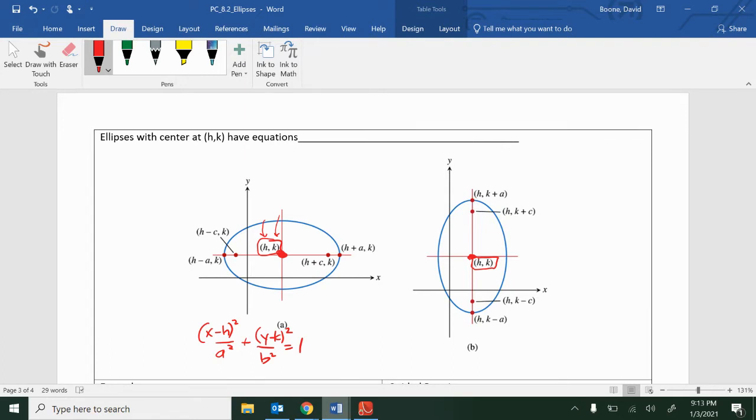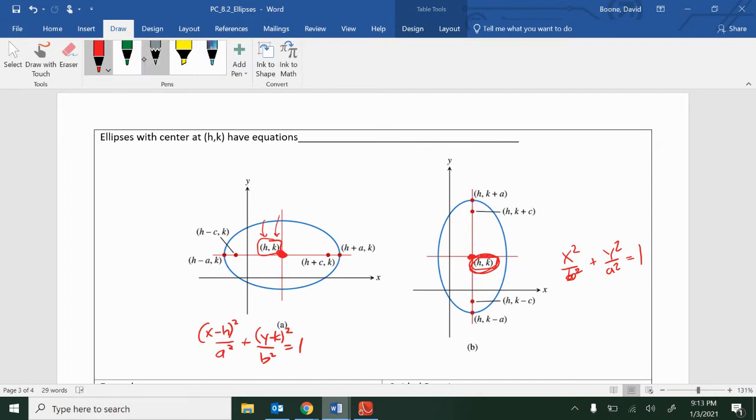So if it was elongated in the y direction, then we'd have our x squared over b squared plus our y squared over a squared, because if it's elongated in the y direction, the a always goes under the bigger one. But then we've got to make this adjustment for moving that center.